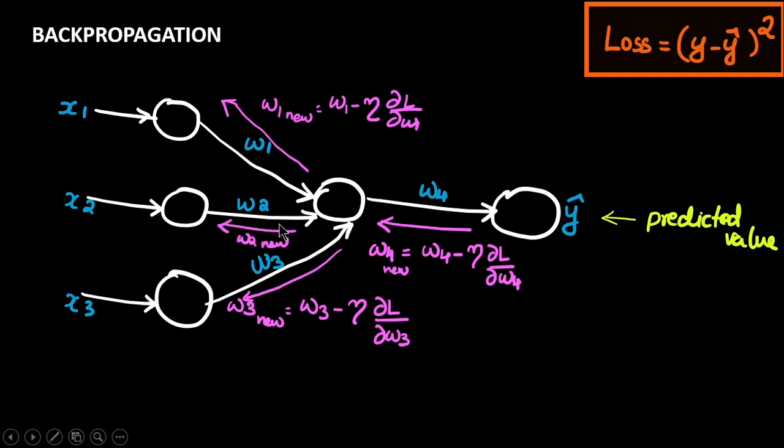After updating all these 4 weights, we again calculate y cap using the input data. And again, if the loss is very high, we go for another back propagation.